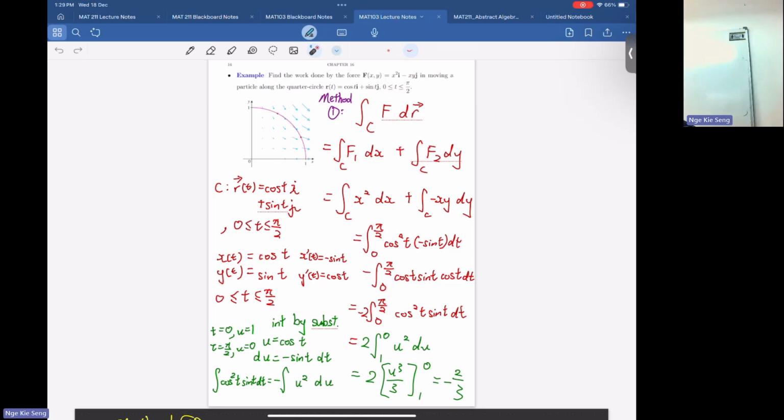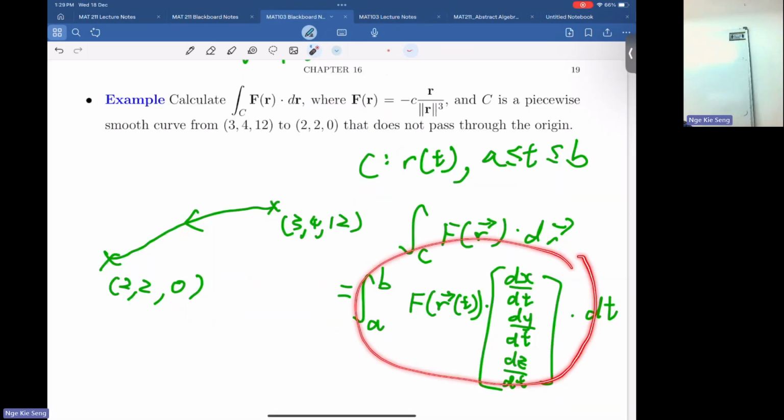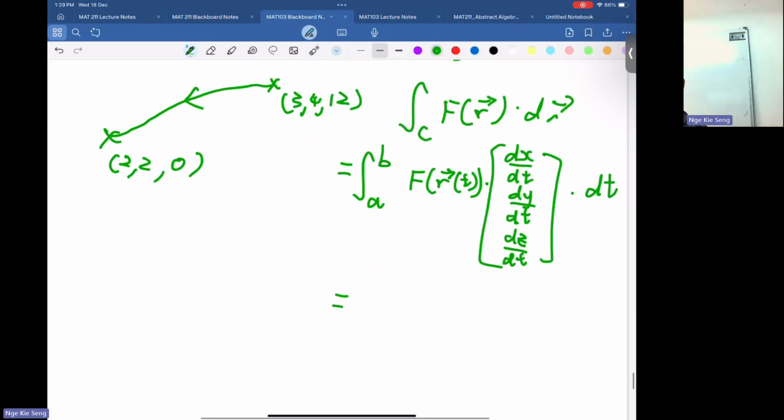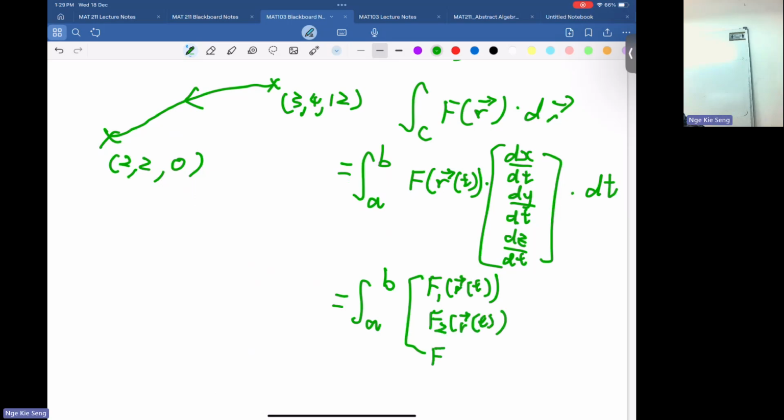It's the same as what I did here. Why are you dotting here actually? You should be dotting f1(r(t)), f2(r(t)), and f3(r(t)) with dx/dt, dy/dt, and dz/dt here.